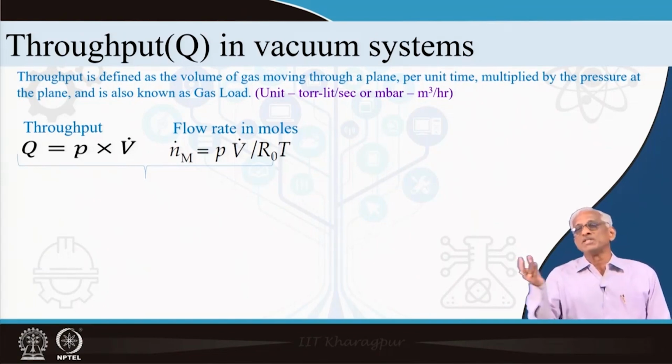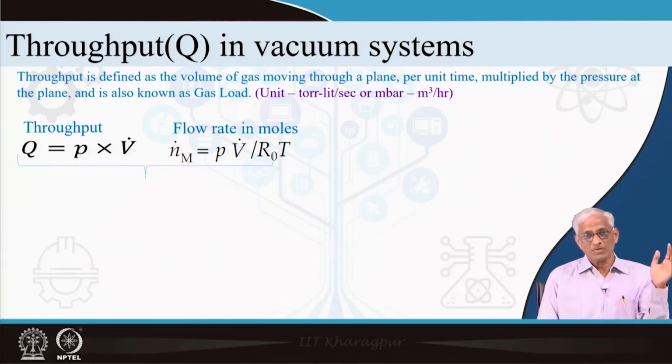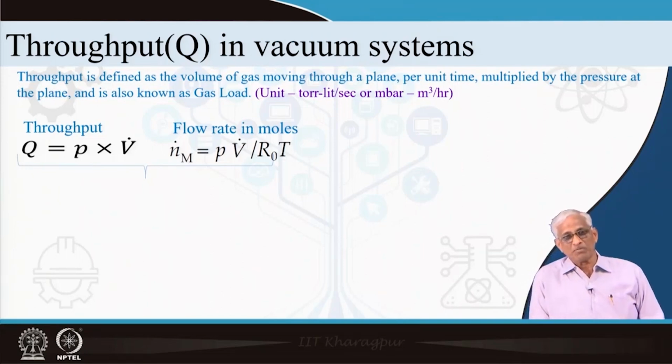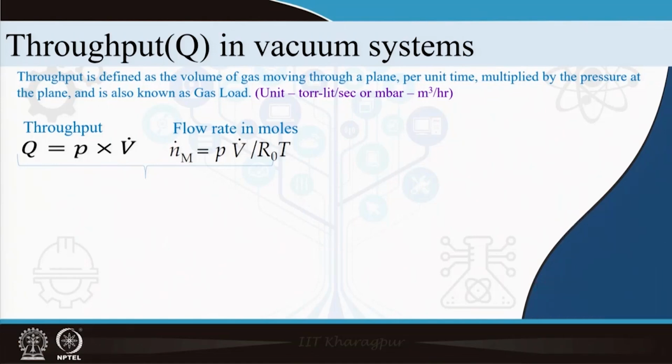And at various points there may be various pressures and there may be various densities, but at any plane if you multiply the pressure at that point and the volumetric flow rate dV by dt, that means product of P into dV by dt or P into V dot, it also represents rho into V dot, because P is proportional to rho.